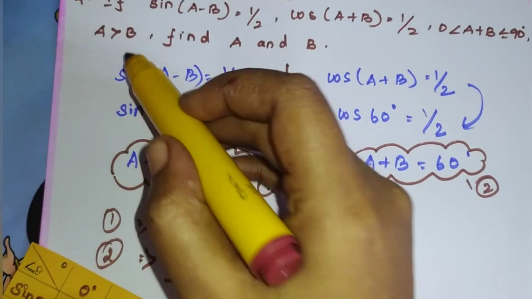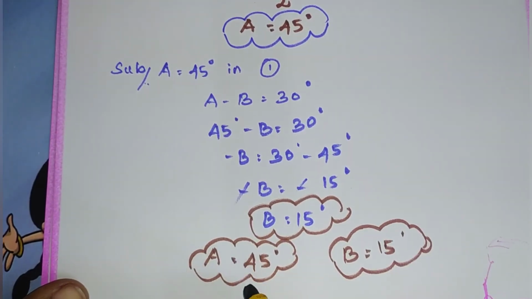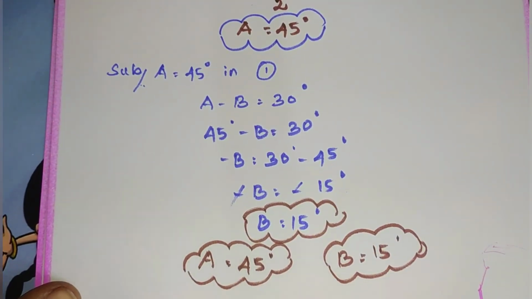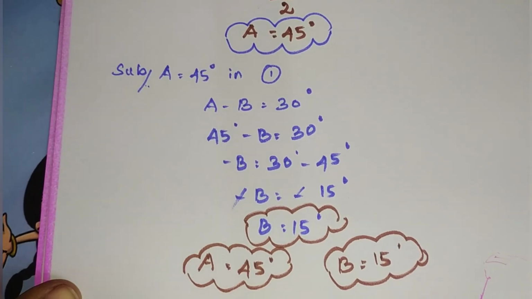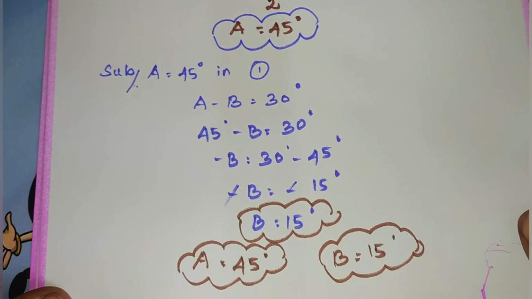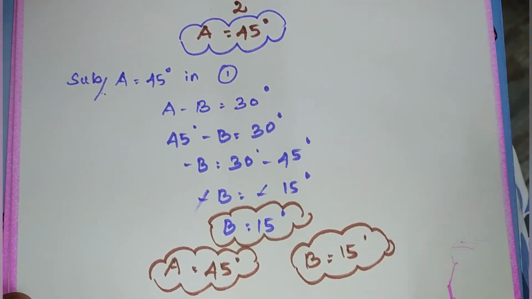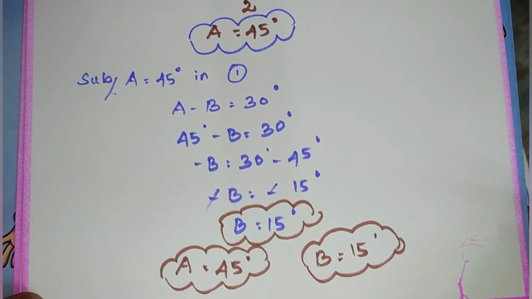Yes, the first condition is correct. Next, the second condition is A greater than B. The value of A is 45 degree and the value of B is 15 degree. Yes, that one is also correct. Are you all clear, children? Thank you.